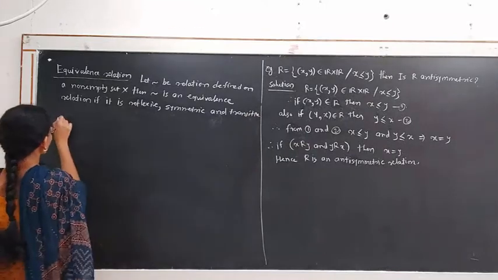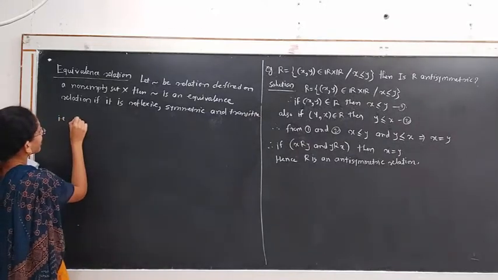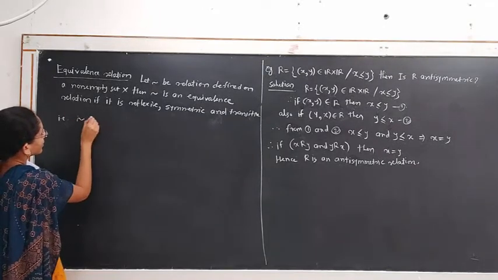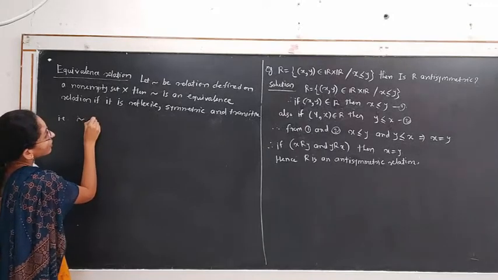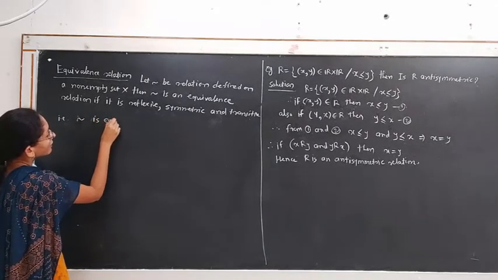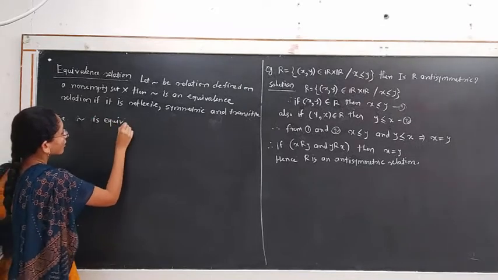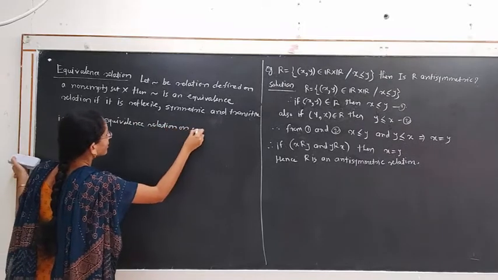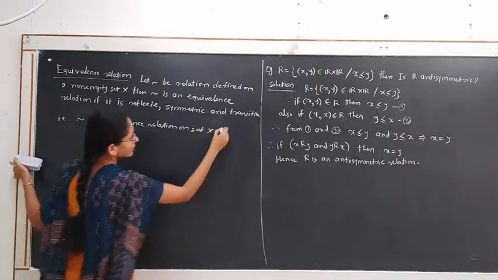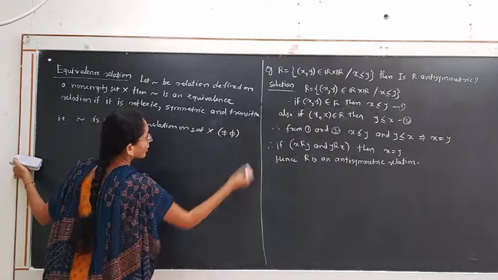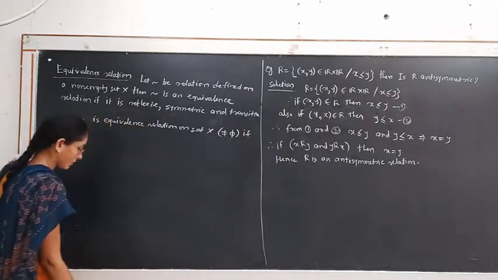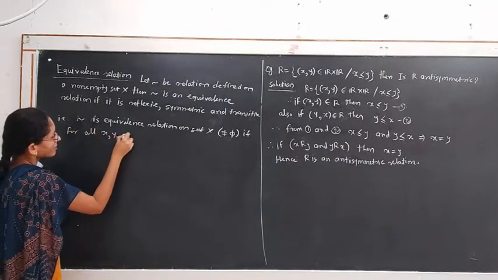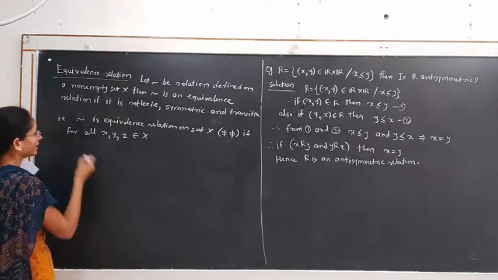That is, in another way, we say that a relation R is an equivalence relation on a set X which is non-empty if for all x, y, z belongs to X, we have three conditions.